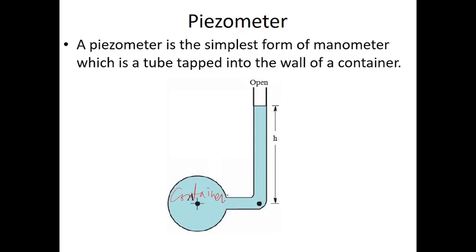The container could be a cylindrical container. We call this the piezometer, which is the simplest form of manometer.